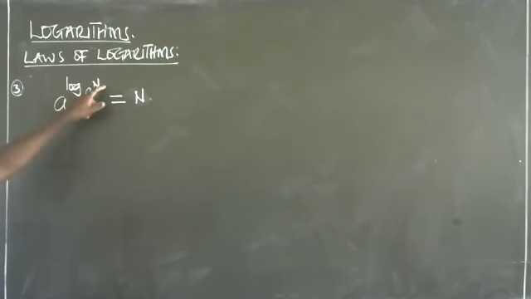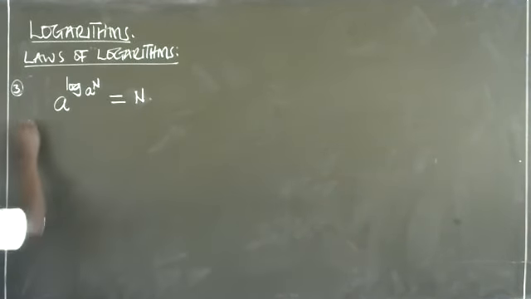So log n base a is the power, the whole of it is the power of a. And this one will be equal to n. And you can prove this one.